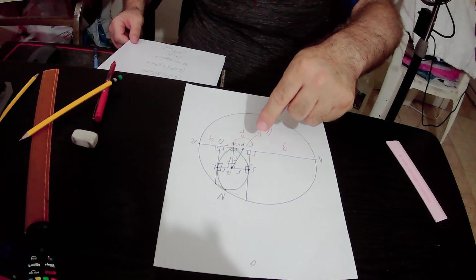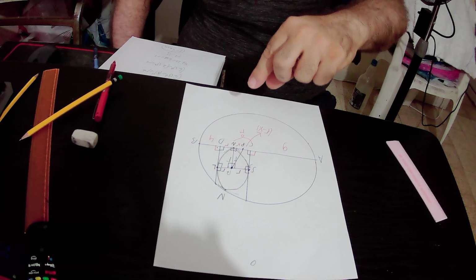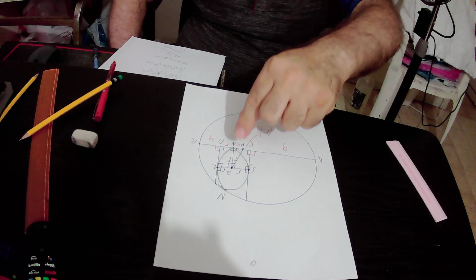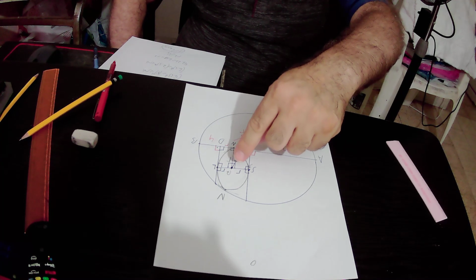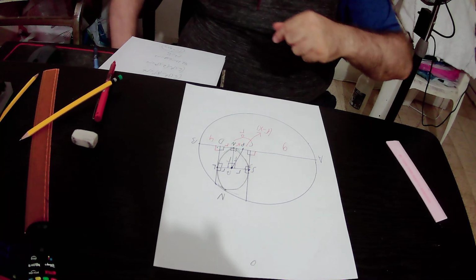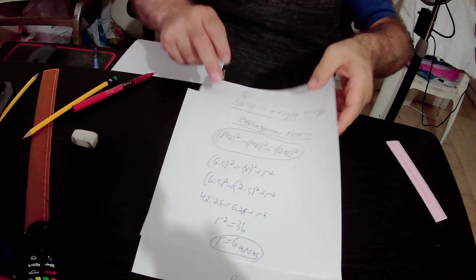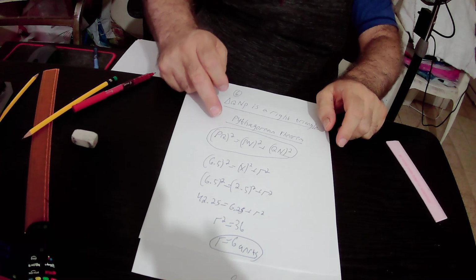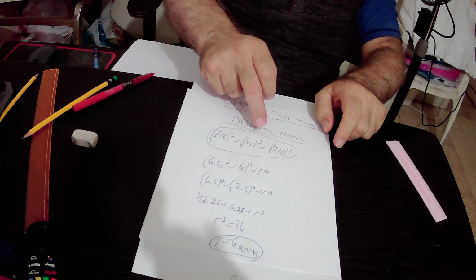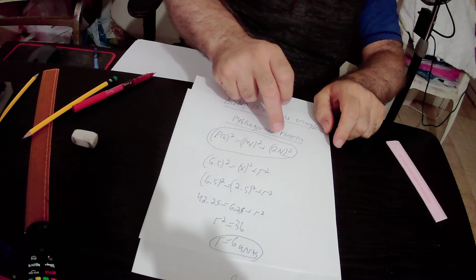according to the Pythagorean theorem that states that the square of the hypotenuse equals the sum of the squares of the perpendiculars. That is to say, PQ squared equals PN squared plus QN squared.